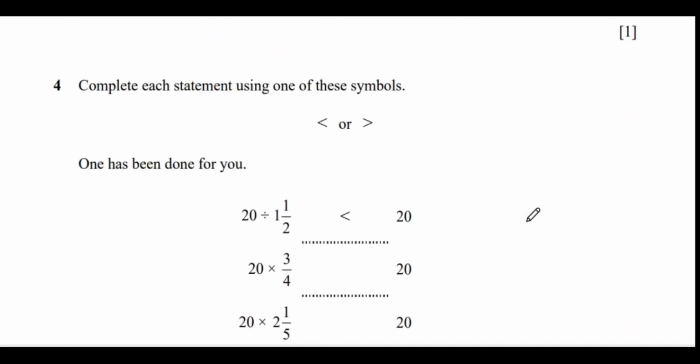Then moving to the next one. We are asked to complete the statement using one of these symbols, less than or greater than. So they want us to put any of these two signs in the space provided. Now, there's one little trick that you need to understand in solving a problem like this.